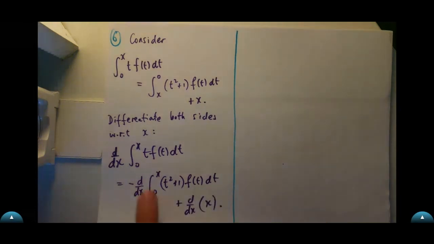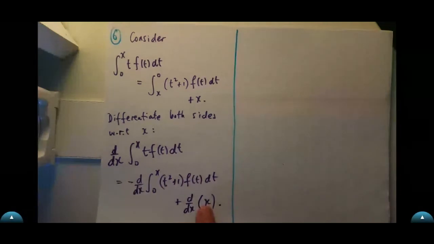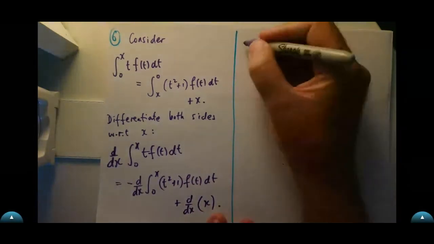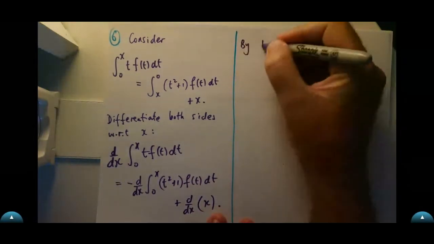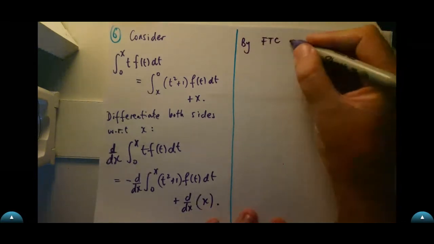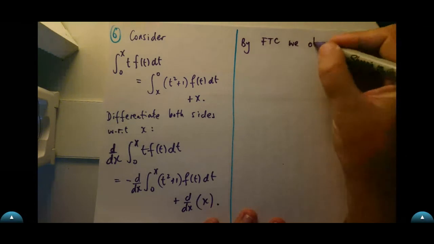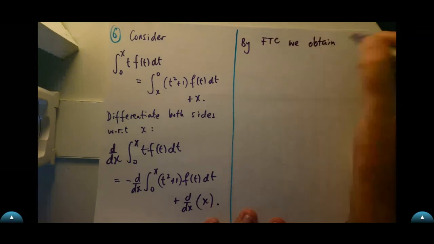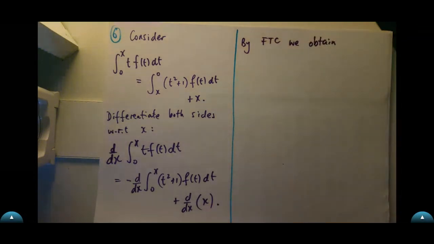Okay, so if we apply, as Oliver's saying, the first fundamental theorem of calculus, we simplify that, and obviously that's just one. By the fundamental theorem of calculus, the first one, we obtain the following.